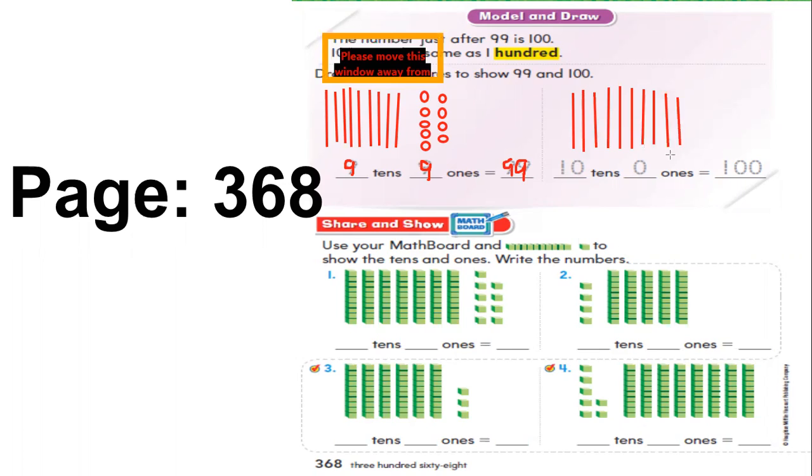Now I have 10 groups of 10. When I have 10 groups of 10, that makes 100. So let's write the number. 10 tens and 0 ones make 100.